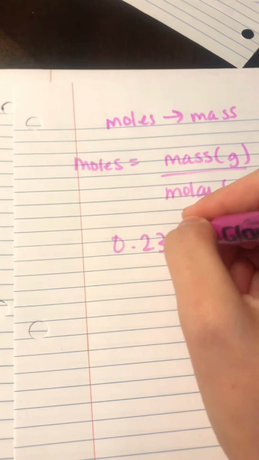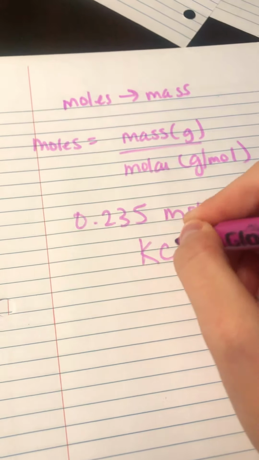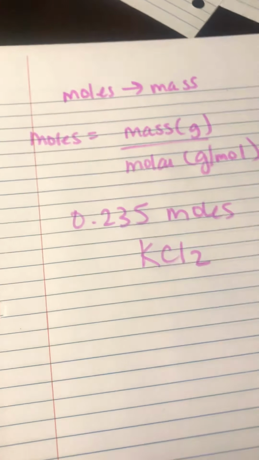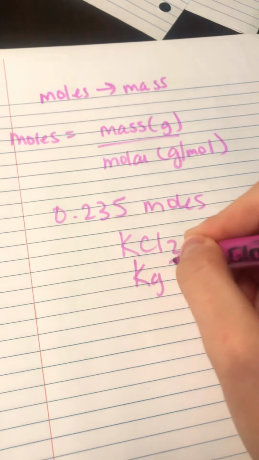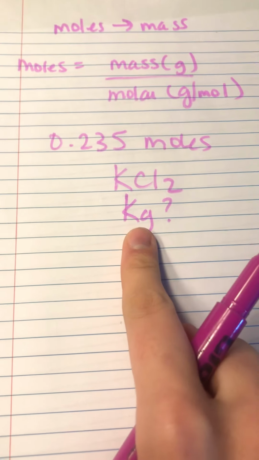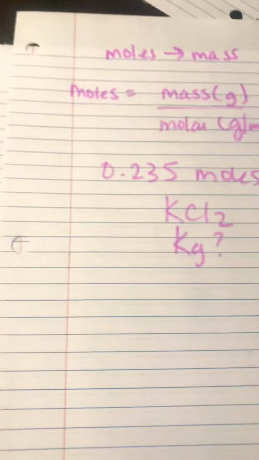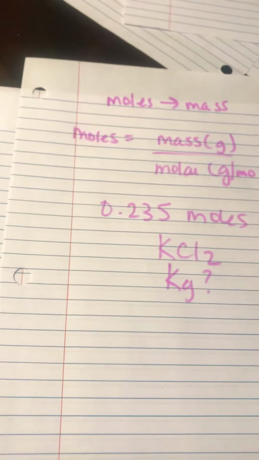So let's say that I have 0.235 moles of potassium chloride, and I want to know how many kilograms that is. So I threw a loop in there. We worked with grams last time, so we're going to have to do an extra step because that's not in grams.